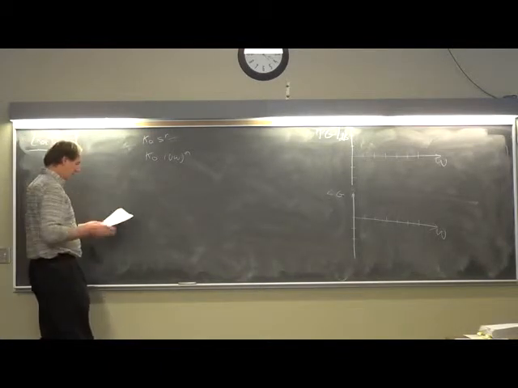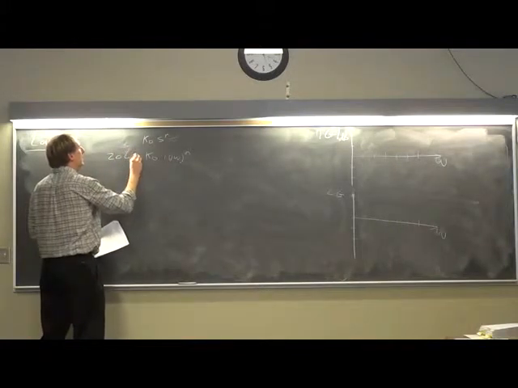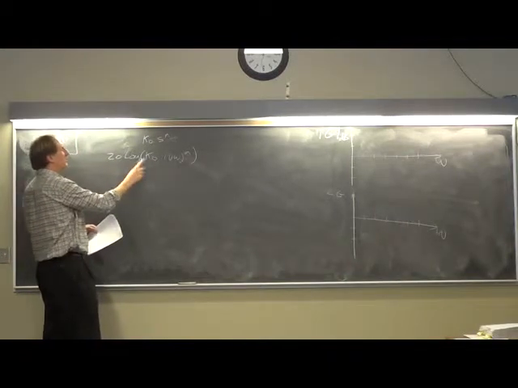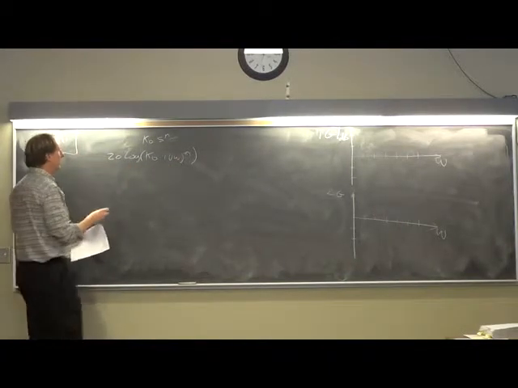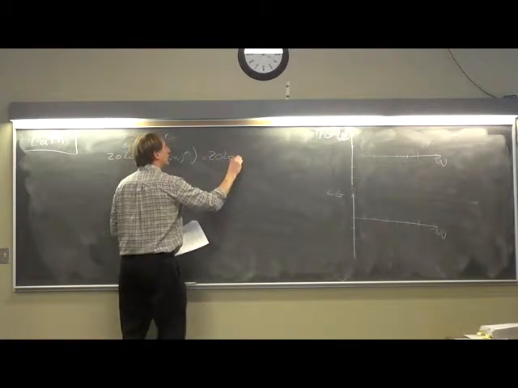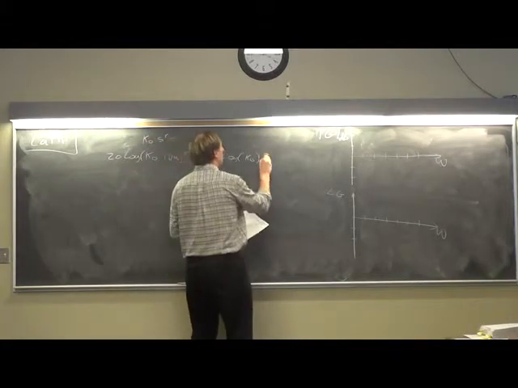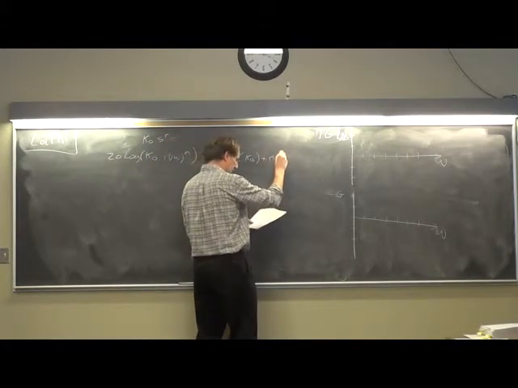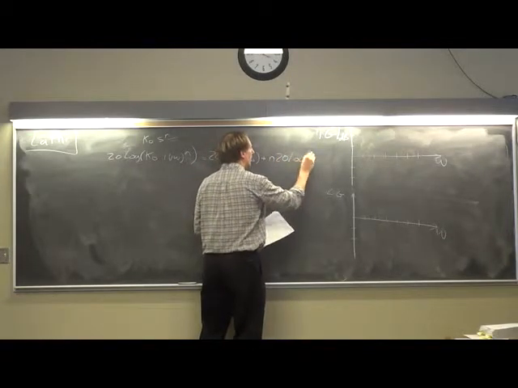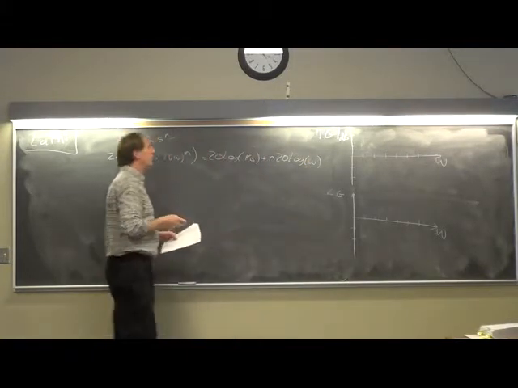If we want to convert this into decibels, 20 times the log of this, the logarithm is going to turn multiplication into addition. We're going to have 20 log of K0 plus n times 20 log of omega.